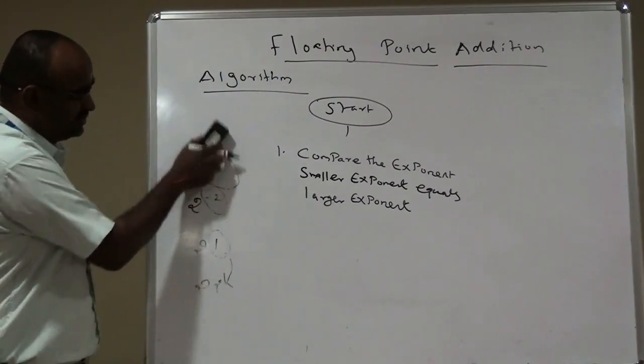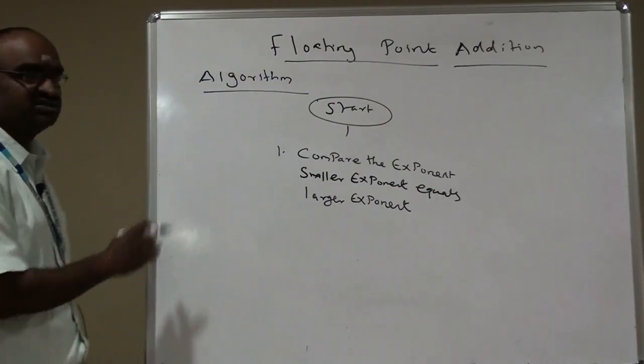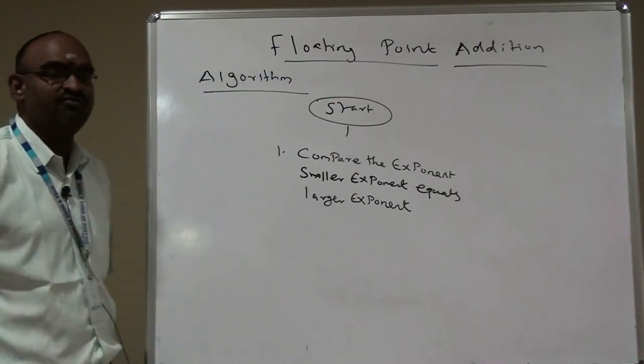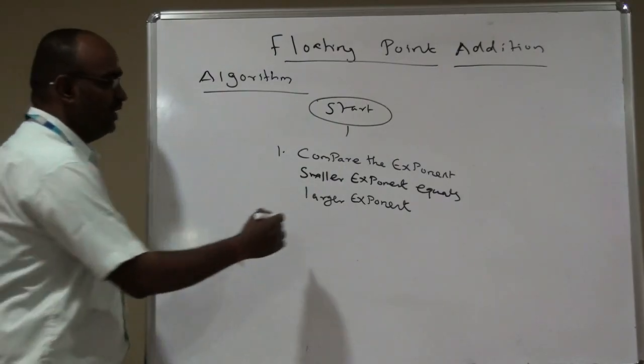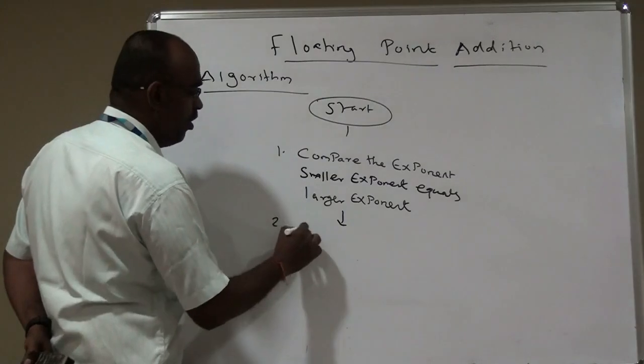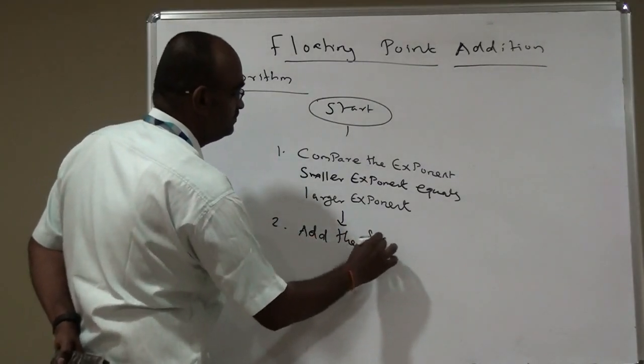So now when two values are given, we have to equalize the exponent. That is the first step. You do the shift right operation on the smaller number to equalize it to the larger value, right? Now the second step: we have to add the significands. What do you mean by significand here?